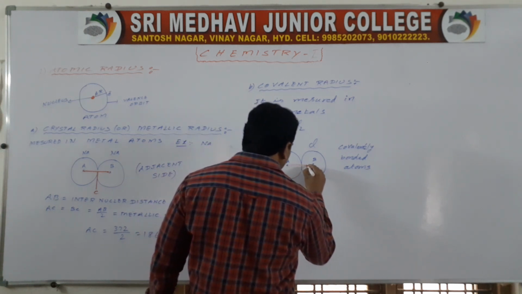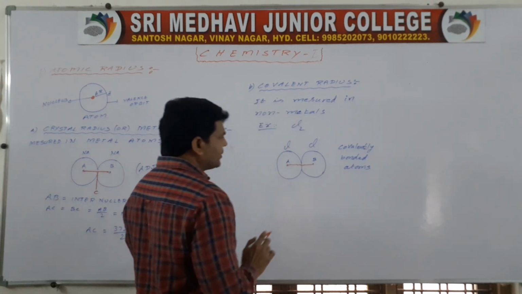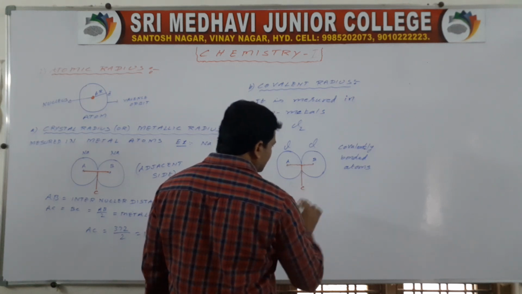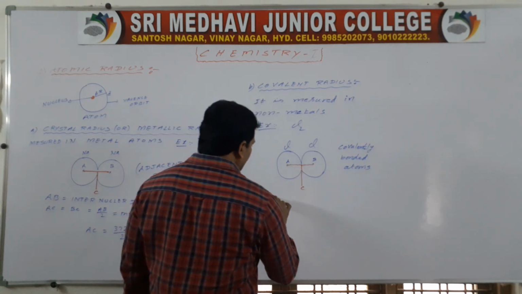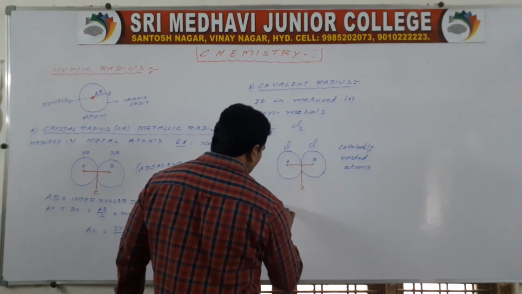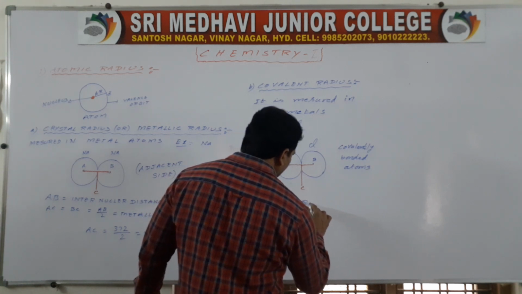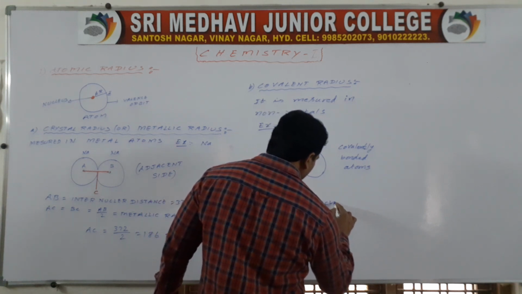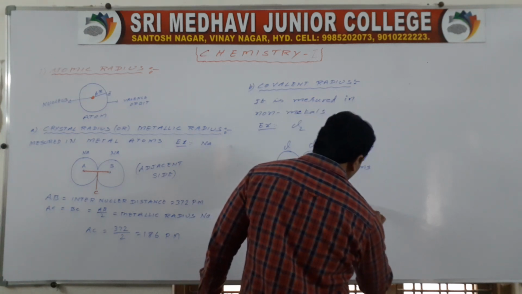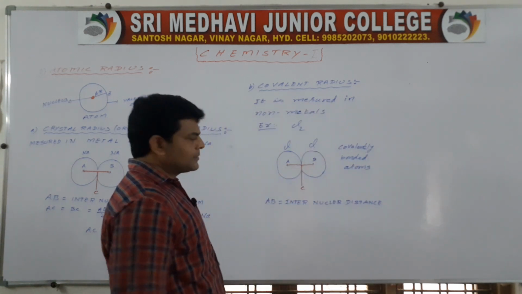Here we have the internuclear distance. Half of the internuclear distance is C. So AB equals the internuclear distance of two chlorine atoms.